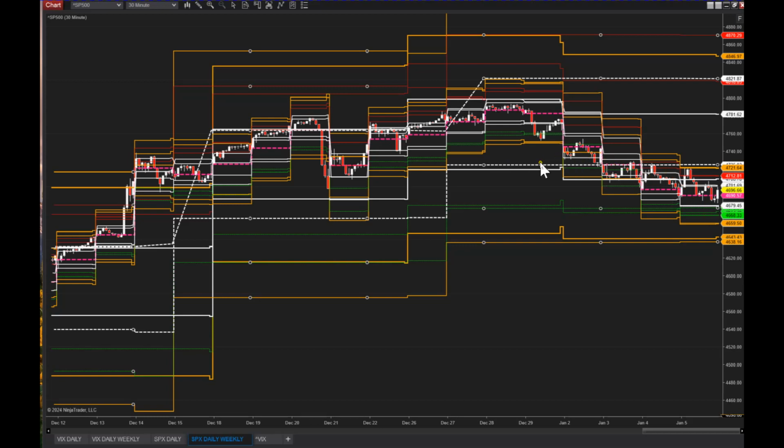It broke the 7 day one, came down to the weekly one, bounced between the weekly one and 7 day one. See that? And then it went down to the lower daily one, back up to the daily three, and then back down to the weekly one down here. And there was a two. This two was sitting right underneath it, acted as support.